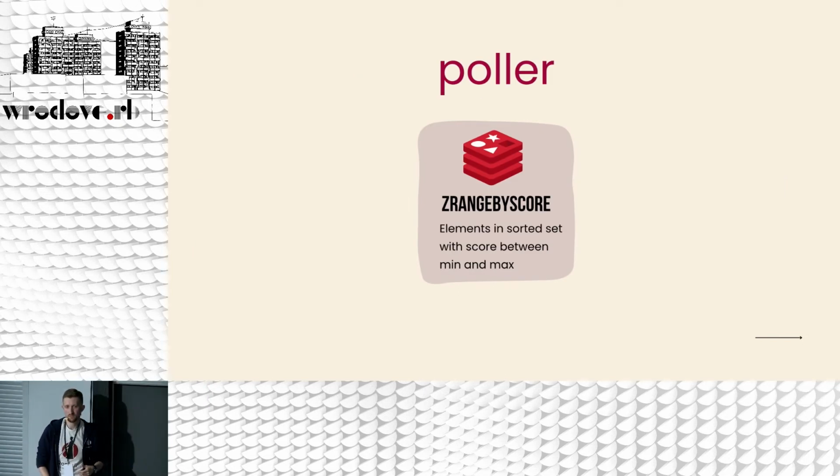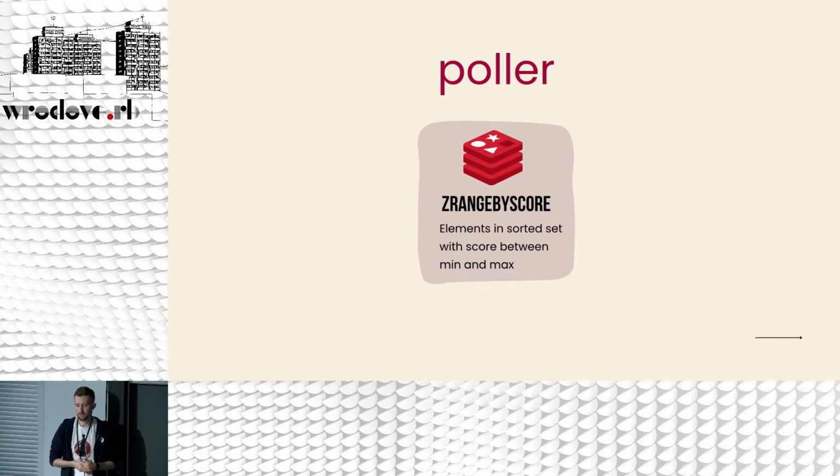And the puller is using the zrangebyscore command in Redis. It takes the elements in a sorted set with a score between min and max. And as I mentioned before, the score is a time of execution converted to float. Min is usually minus infinity, and max is the current time converted to float. So it's very easy to take all jobs that should be executed by now.